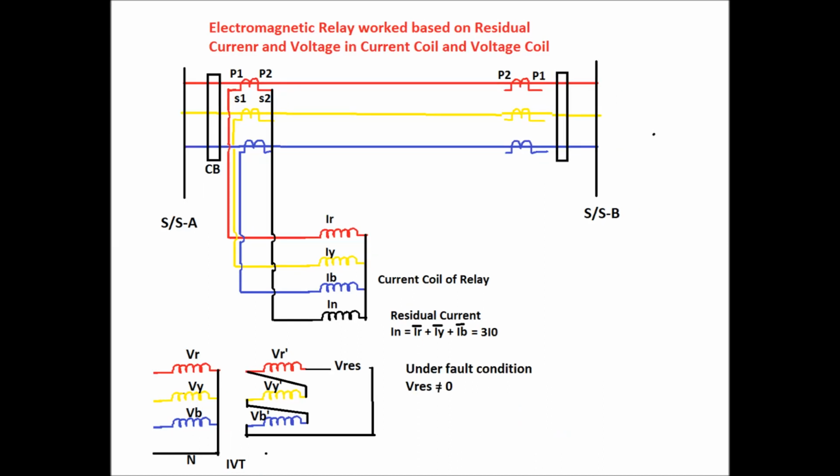But under fault condition, for example, a fault occurs in the red phase to ground, the red phase voltage will decrease, and at the same time the yellow and blue phase voltages will overshoot, and as a result the residual voltage is no longer 0.